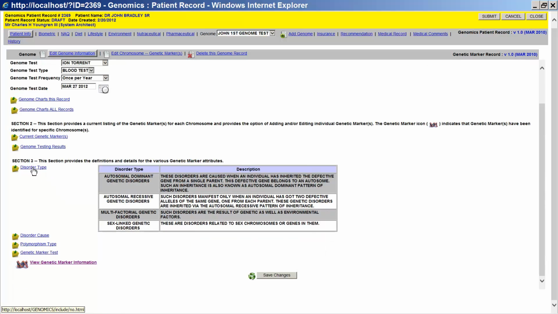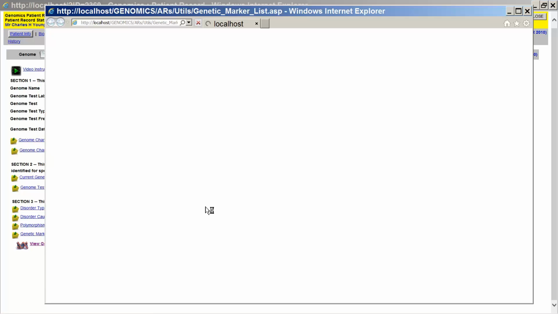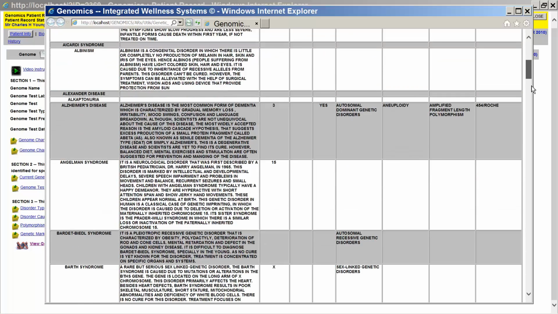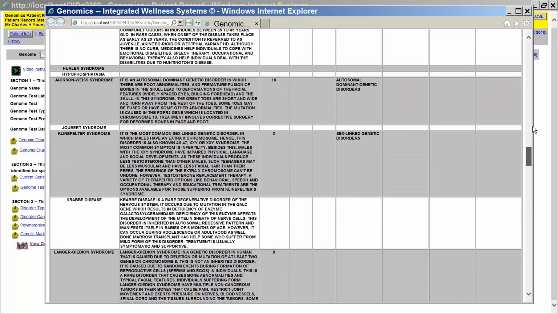Let's toggle these closed. We also provide a pop-up listing of all genetic markers that have been identified within the Genomics Integrated Wellness System software solution. I can scroll down, and as you can see, we have lots of information. Let us scroll back up.